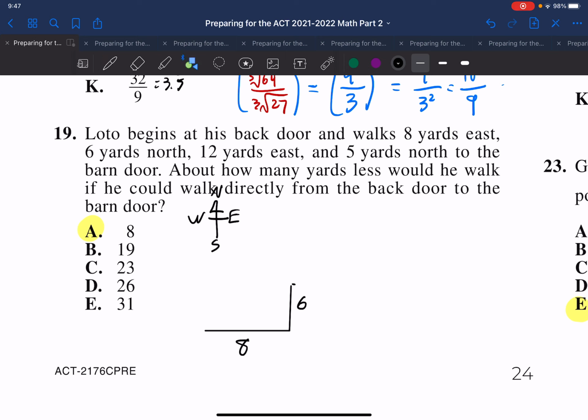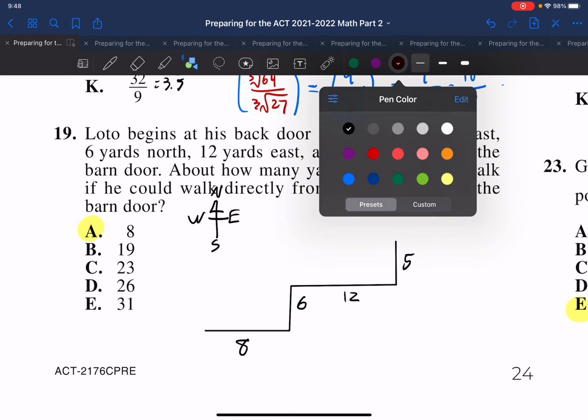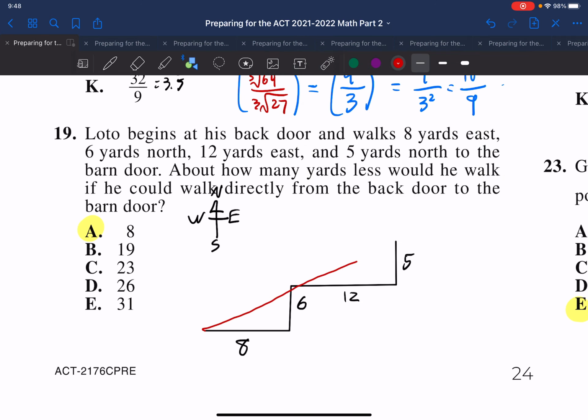Then he travels another 12 yards east, and then another 5 yards north. So the question is, well, what would be the straight line distance from one spot to the other?